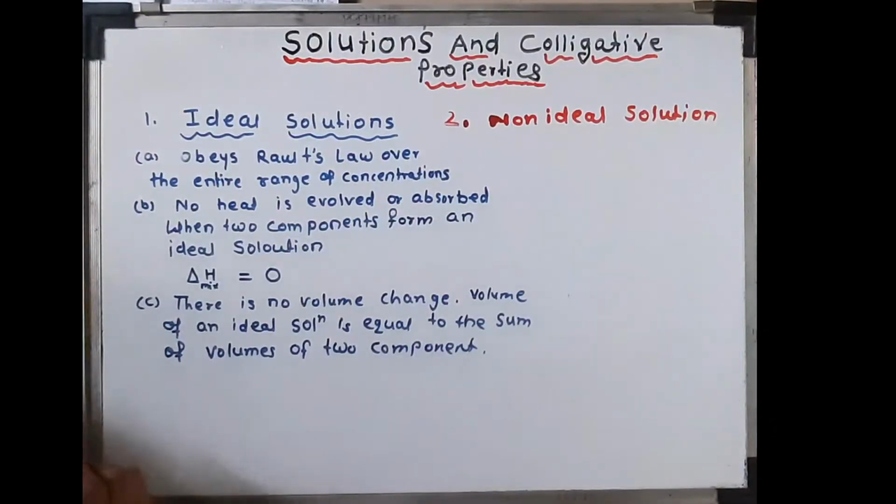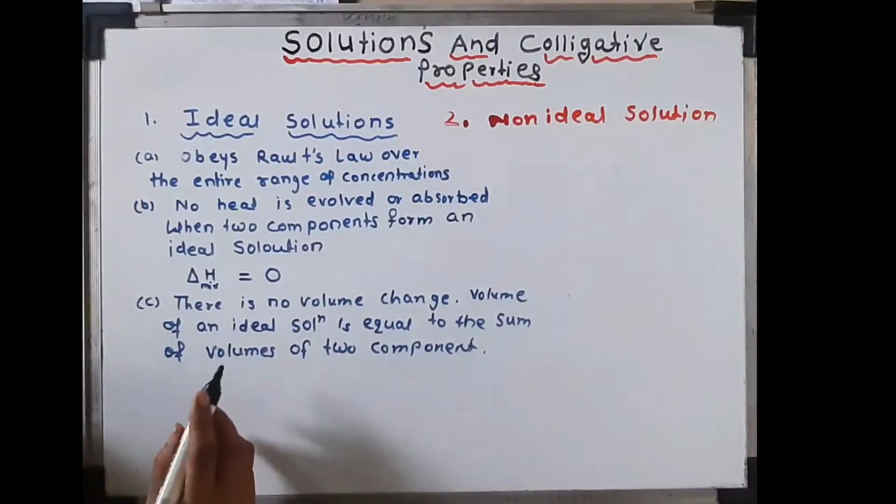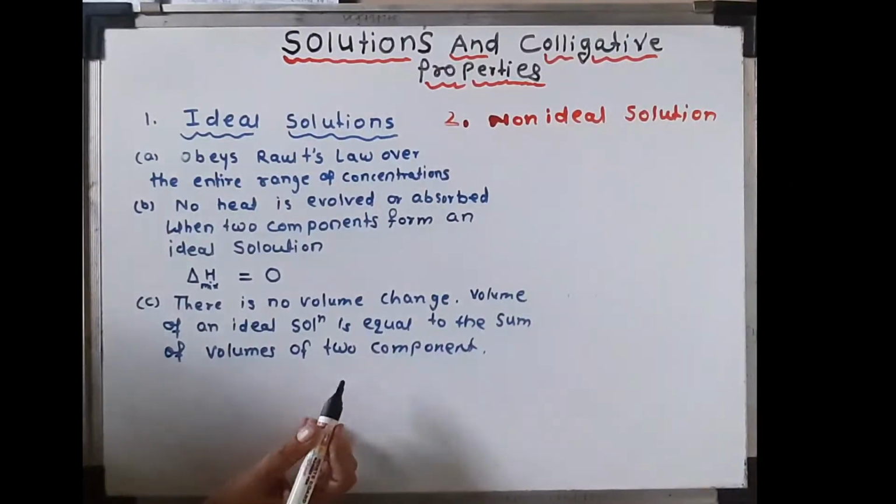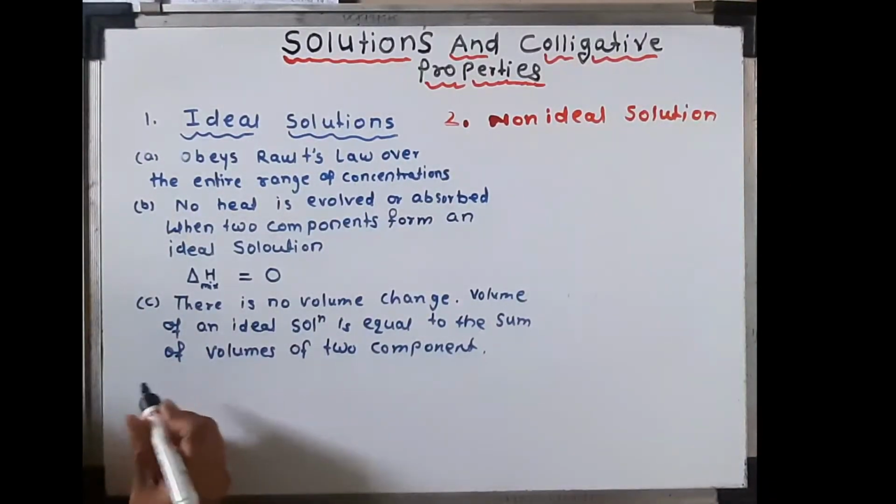This means there is no volume change in an ideal solution; the volume is equal to the sum of the volumes of the two components, that is solute and solvent.